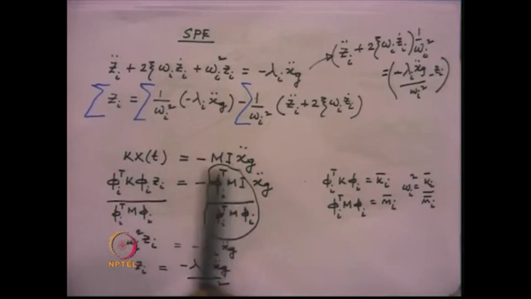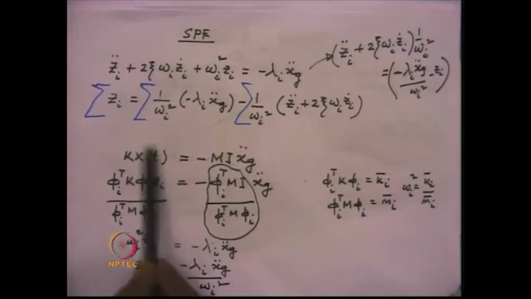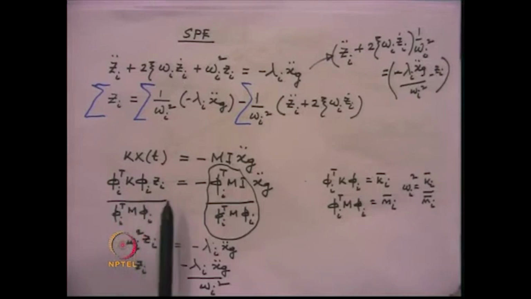Now, this equation can be converted into the modal quasi-static equation by pre-multiplying k by phi I transpose and substituting for x t as phi I z I, that is the contribution coming from the ith mode.